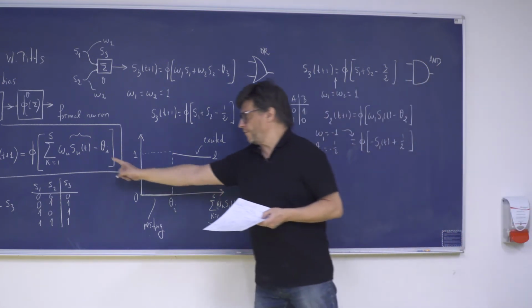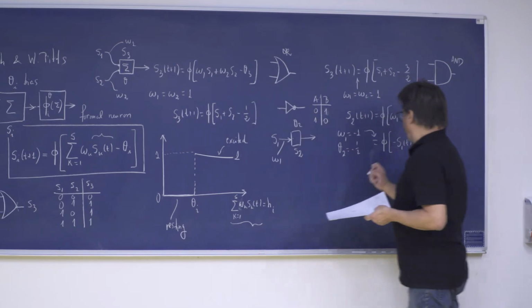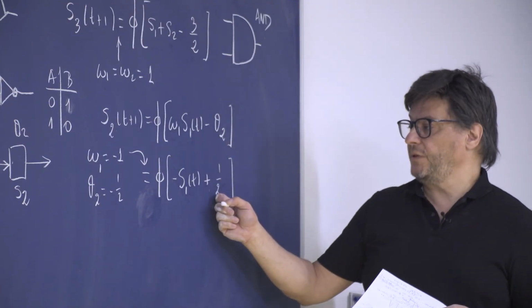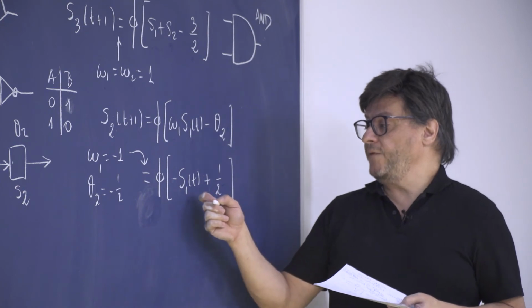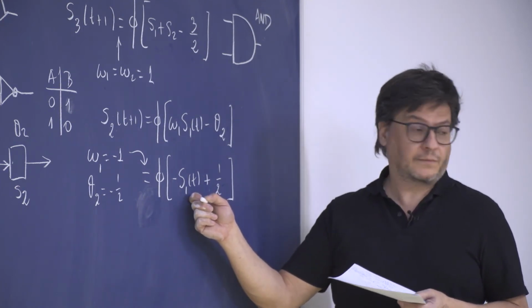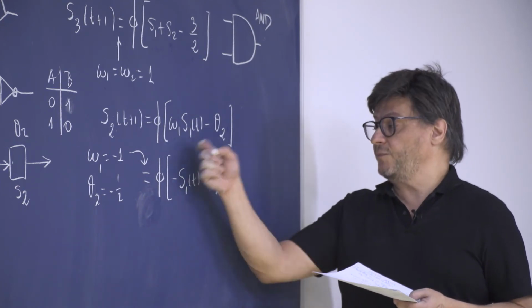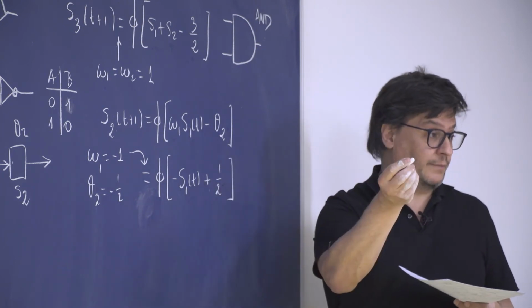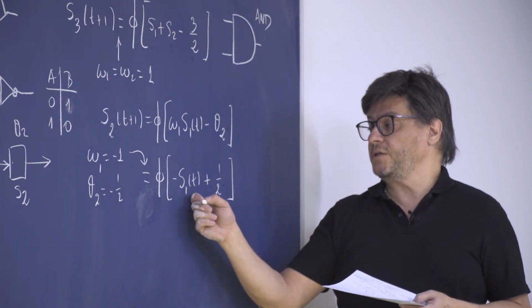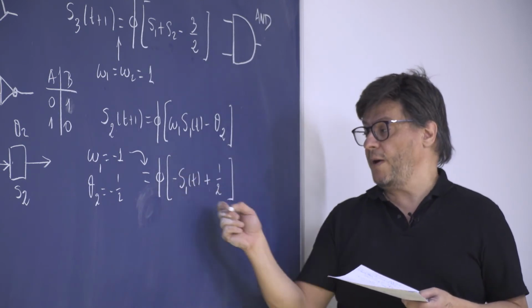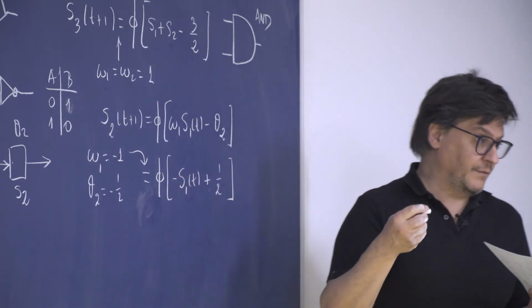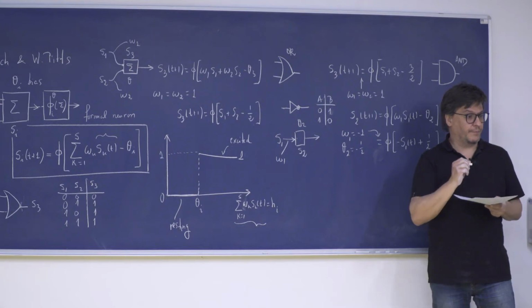Remember that this is a minus sign here. I put it here, and you see it works. It's a threshold condition where if the entrance is 0, this is positive, so the output is 1. If this is 1, you have an overall value minus 1/2, negative, output 0, all right?